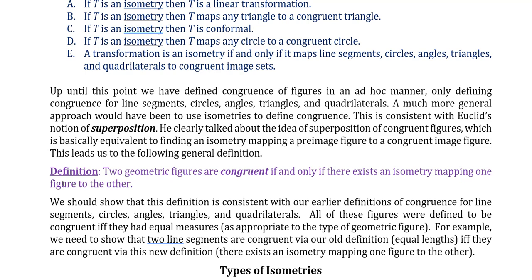Now, of course, for this to make sense, it has to be consistent with our earlier definitions. So we need to prove that we're not having two different meanings of congruent for a triangle, for example.